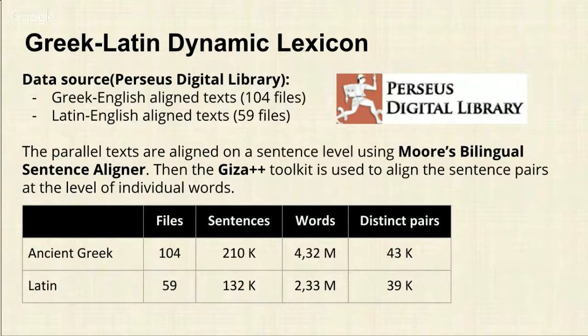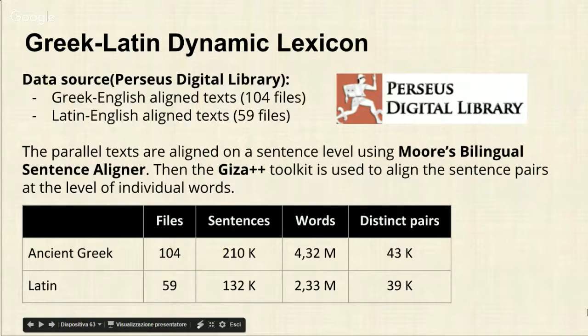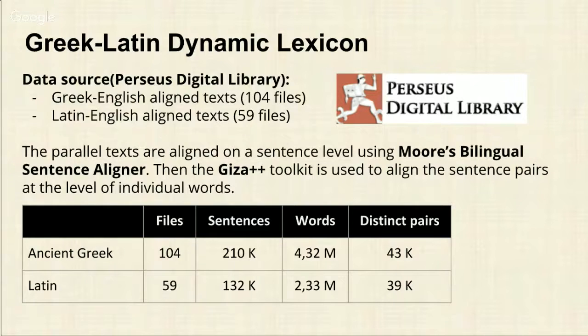Then the program GIZA++ is used to align the sentence pairs at the level of individual words. So we already have the Greek-English aligned at word level, and the Latin-English as well. We have about 210,000 sentences Greek-English and 132,000 sentences Latin-English.